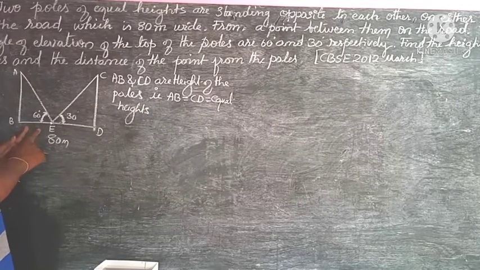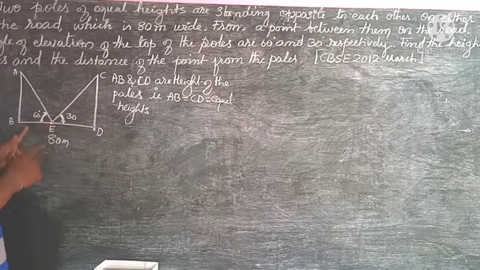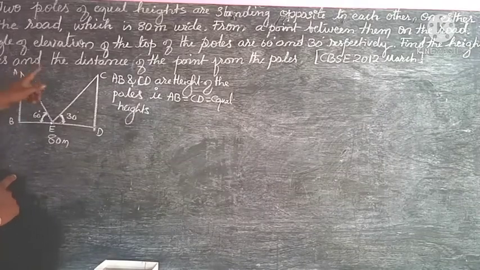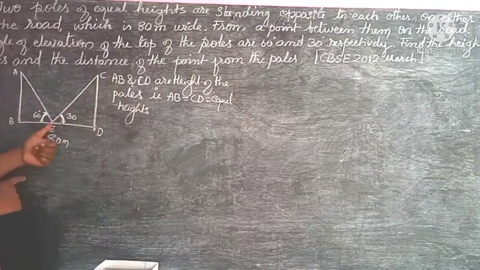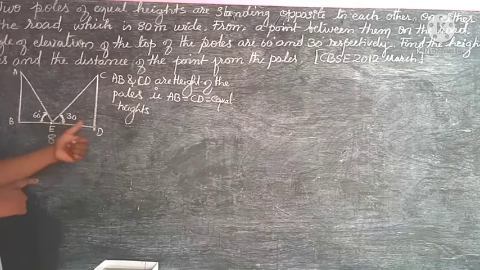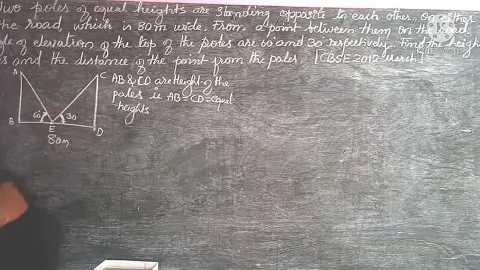So you can find the height of the poles as well as the distance of the point from the two poles. So how do you find this?